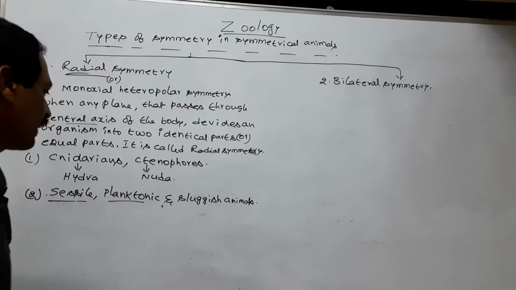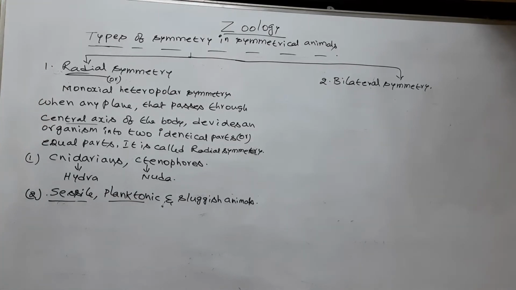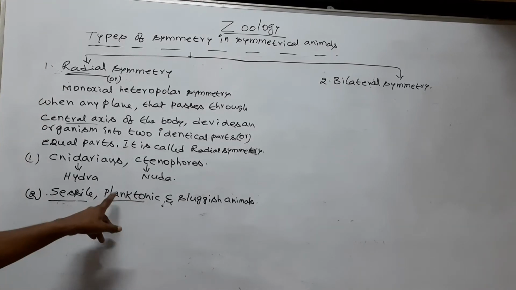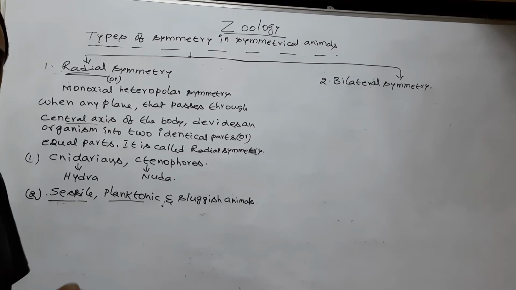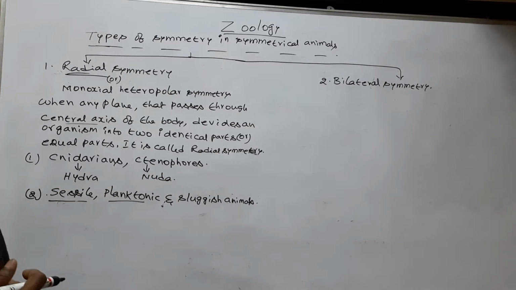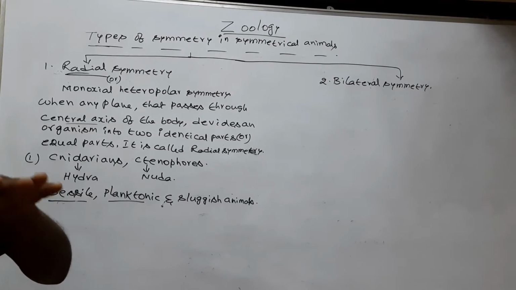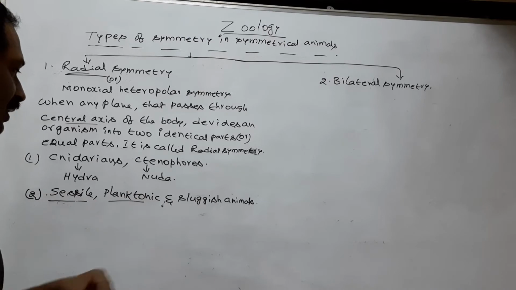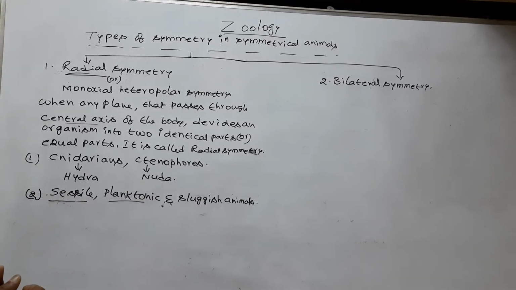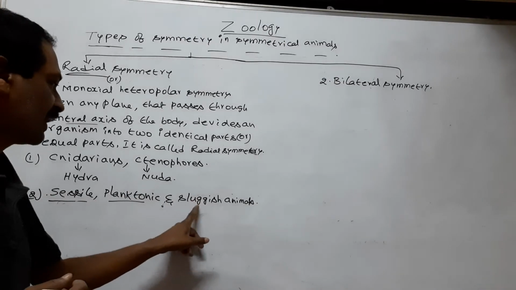Next, what are planktonic animals? The animals or organisms which float on the water are called planktonic. Next is sluggish animals.